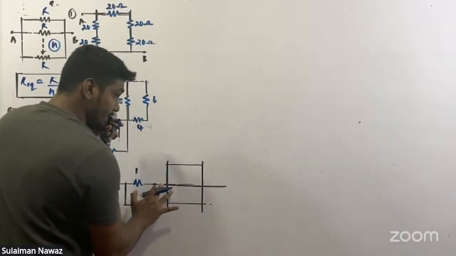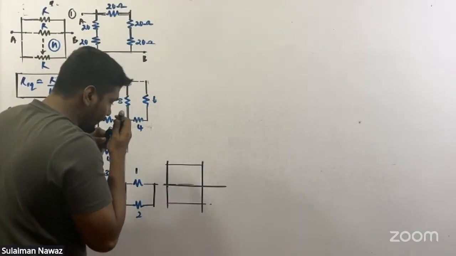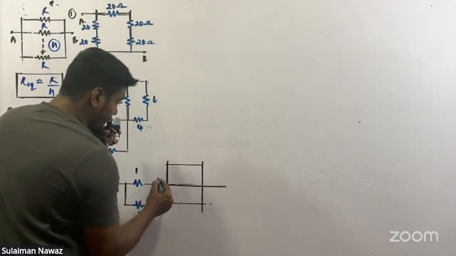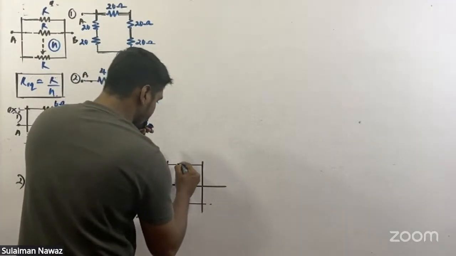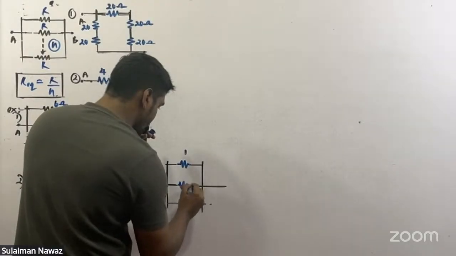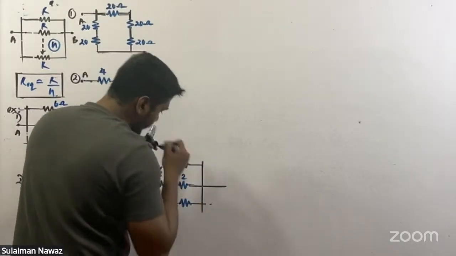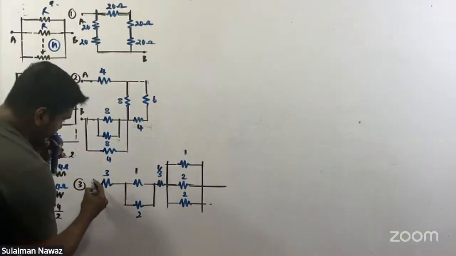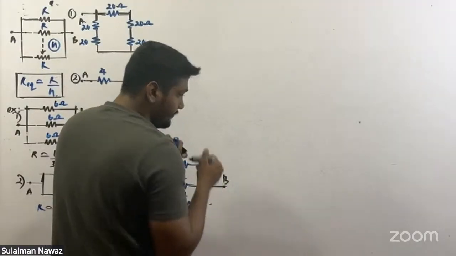There's a resistor here, but okay, no need. Here the resistor is 1/3, yeah, 103 ohms. Then here it's 1, and here it's 2 and 2. Terminal A is here, terminal B is here. You should find the equivalent resistance between A and B.